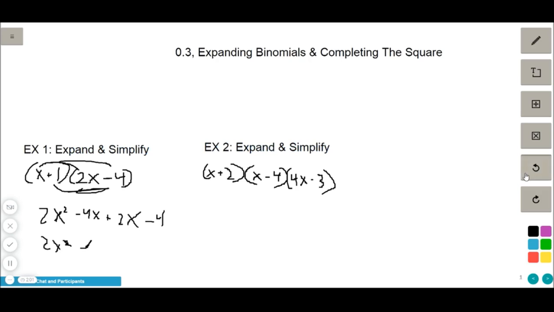So you're going to be left with negative 2x, because negative 4 plus positive 2 leaves you with negative 2. Then you just take down the negative 4, because it cannot be combined with anything else, so you make it come down. And therefore this is your final answer.